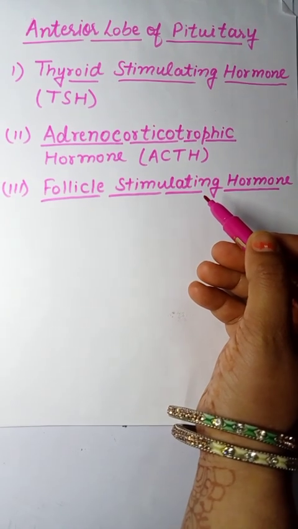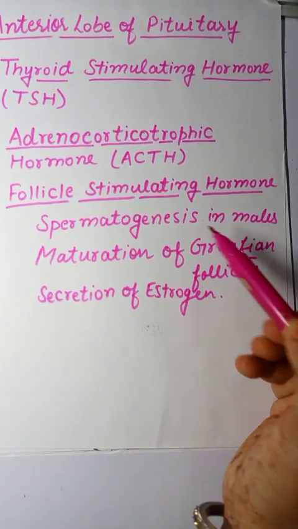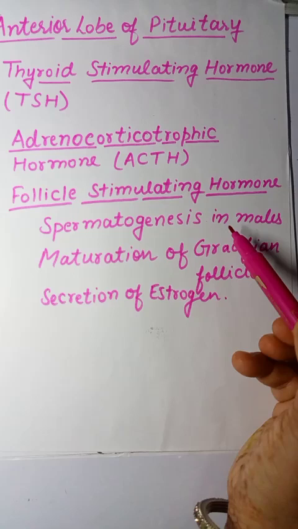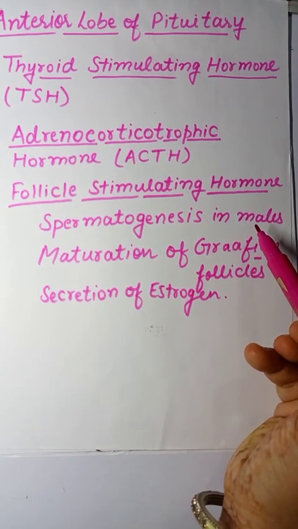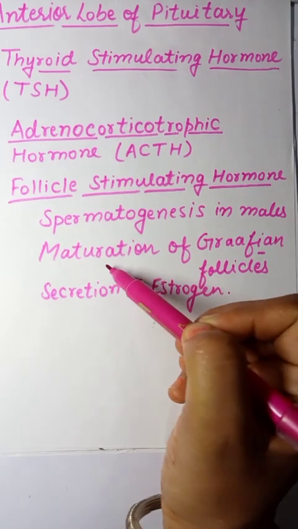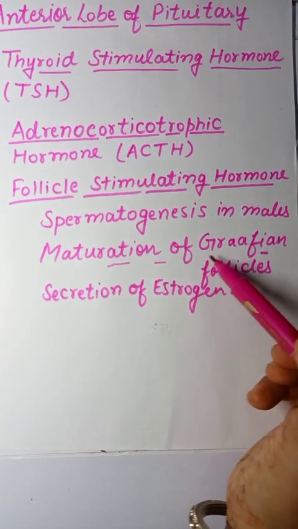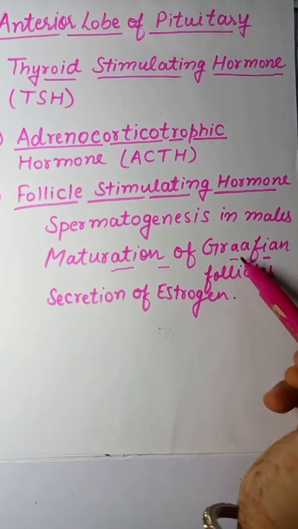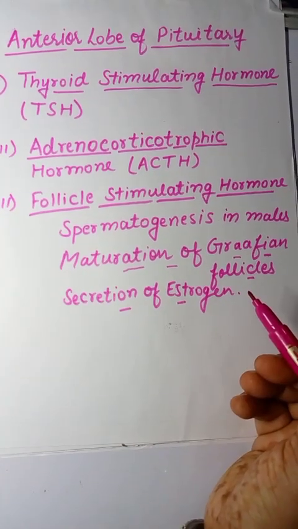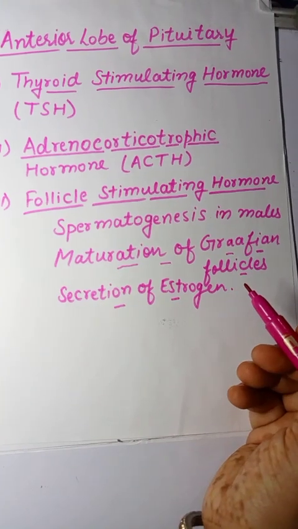Now, moving to the third hormone, which is known as FSH or follicle stimulating hormone. This hormone is controlling the spermatogenesis in males, and in case of females, it is helpful in the maturation of Graafian follicle, which is later on helpful in the production of estrogen hormone, which are responsible for the development of secondary sexual characters.